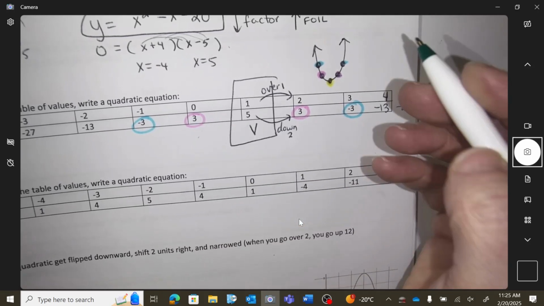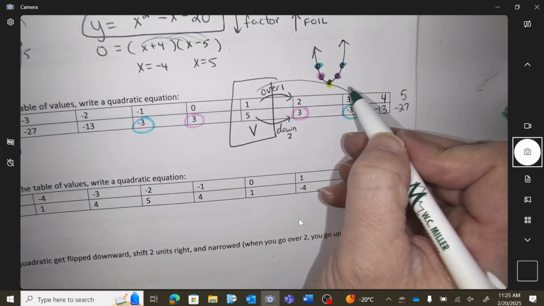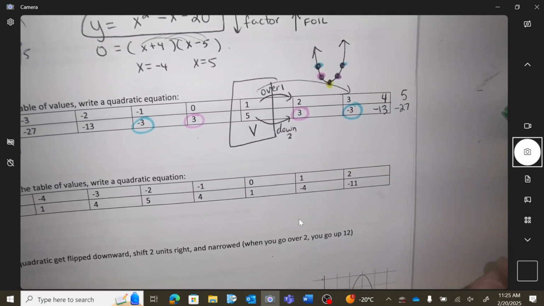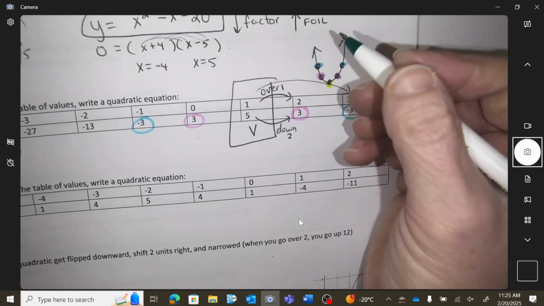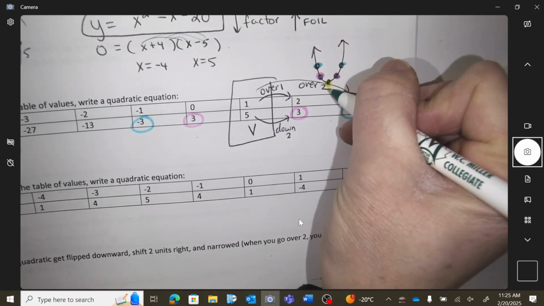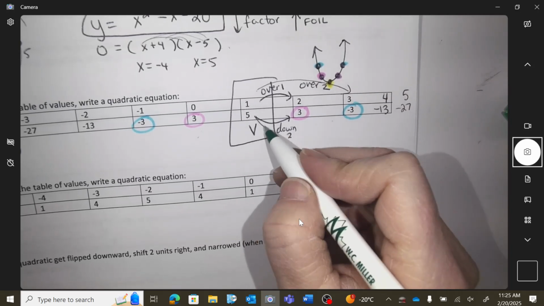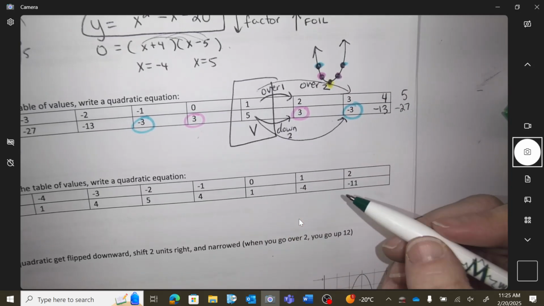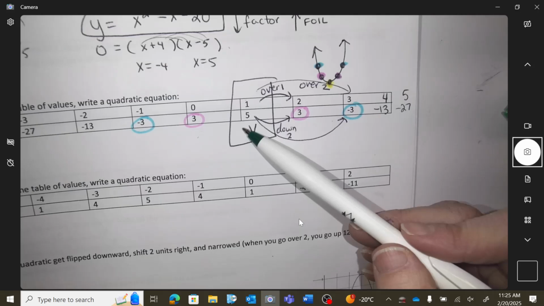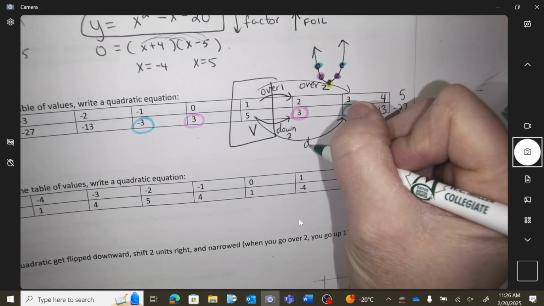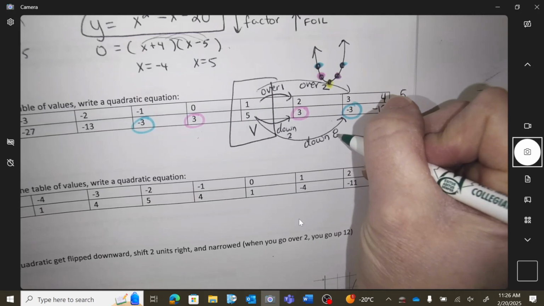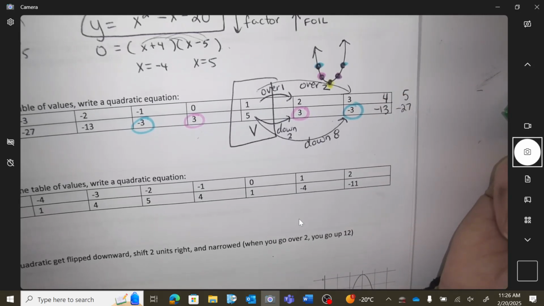Over 1, down 2. Let's try another move. So here it has made me go from 1 to 3. So that means that has moved over by 2. And if I head from 5 to -3 height, that is making me move down 8.